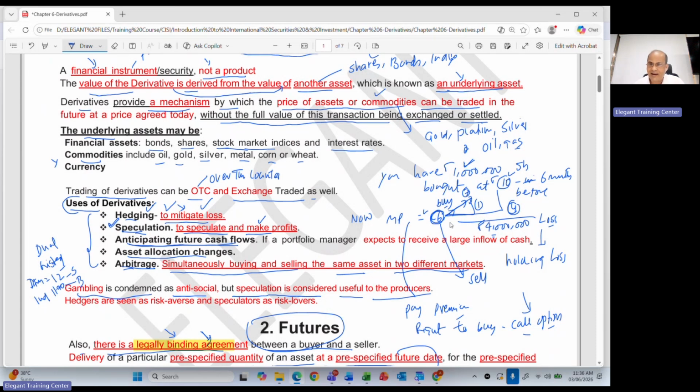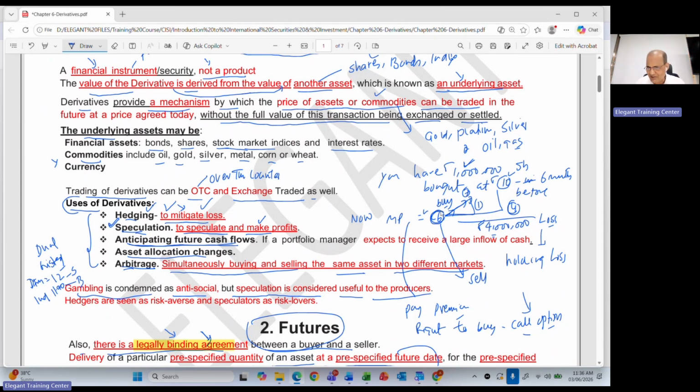So you would like to book the price because you don't have 6 million to pay now. Possibly you may get money in the next week or after 10 days, but by that time the price would have gone up. That is why the derivative allows you, don't worry, you don't have cash and you feel the market will go up, you would like to take the booking. So a derivative gives you booking, right?